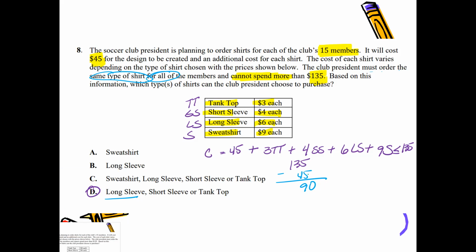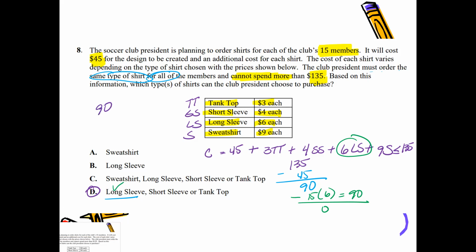So if I order long sleeves, which is $6, then I have to subtract 15 times 6, which is 90. If I subtract that, I'll have a balance of 0, and I can have a balance of 0 because I didn't go over it. So I could definitely order long sleeve shirts.